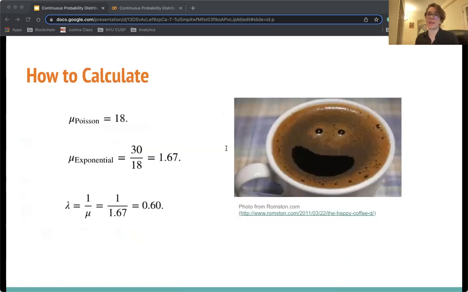But in order to break down how we calculate the exponential function, we'll build off that same use case of the Starbucks again. Using the same numbers from the last chapter, the typical customer averaged 18 visits to the Starbucks location over a 30-day period. And this will help us talk about how the Poisson and exponential are looking at two similar things and can really be used to complement each other.